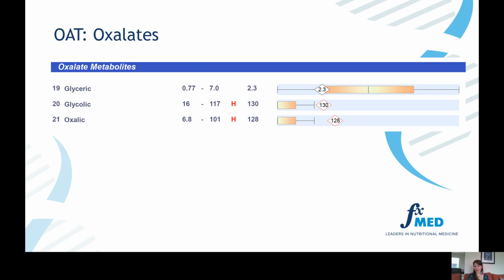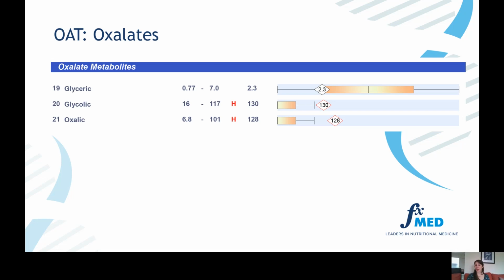So they could be adding to these concerns. Oxalates can also be made by different dysbiotic bacteria and yeast in the gut. So sometimes we have a combination of those things. We've got yeast in the gut making oxalate, and we've got a high oxalate diet. We're eating lots of things like spinach, and the body isn't processing oxalate out. So this is really helpful for us to understand these markers.